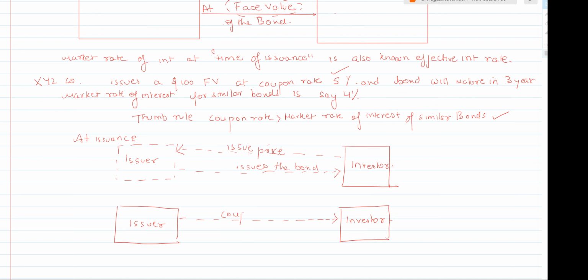Right? It would pay coupon payments to the investor, and it would also pay the face value of the bond at maturity. These coupon payments would be made at regular intervals, and at maturity, the issuer would repay the face value to the investor. Right?